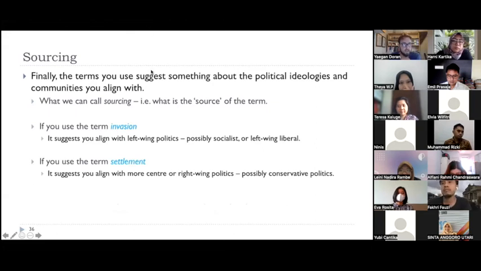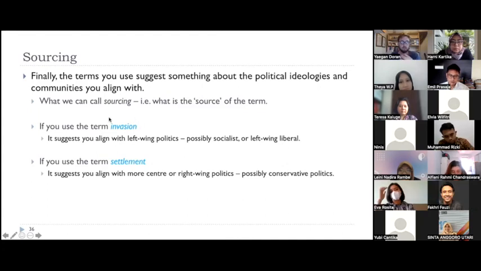And finally, the terms you use suggest something about the communities and the political ideologies you align with. So if you're writing in history, it probably says something about what school of history you align with, or what political community you align with. What we can call sourcing, the sense of what the source of the term is, what the community is.